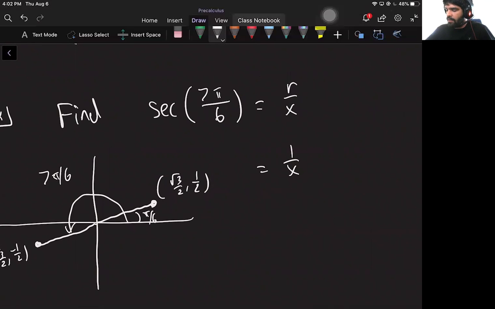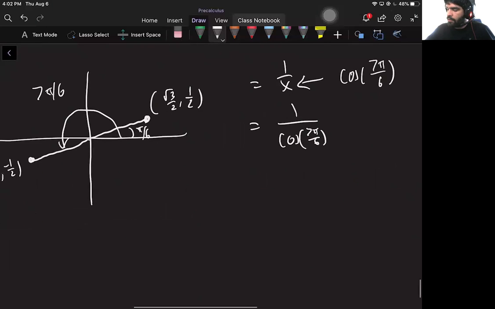But if I really think about it, x is actually just cosine of that angle. So the trick is it's just cosine on the bottom. As long as I already know what cosine was, all I have to do is flip it over.